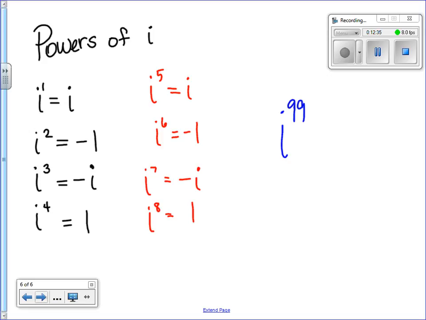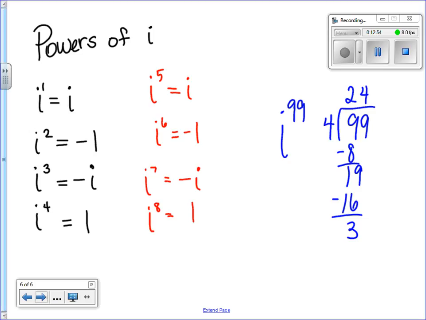Do I care about the answer? What do I care about? The remainder. 99 divided by 4. So if the remainder is 3, what is i to the 99th equal? Negative i.